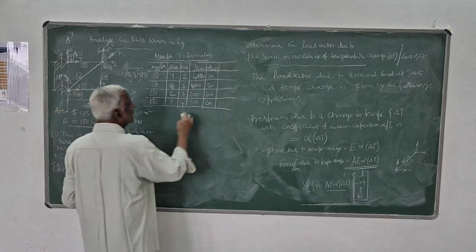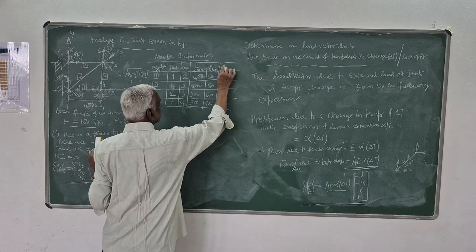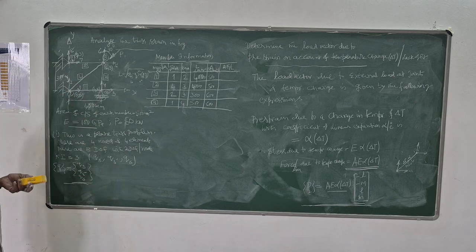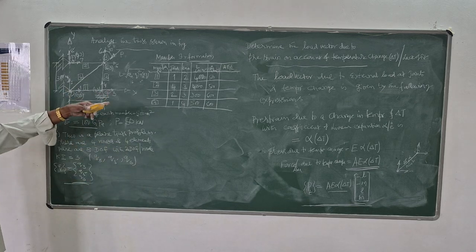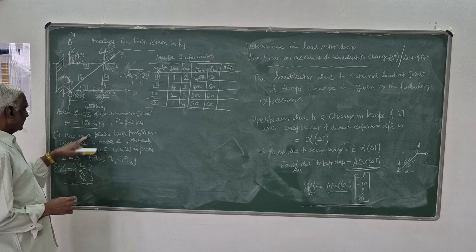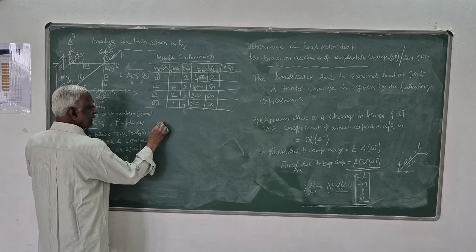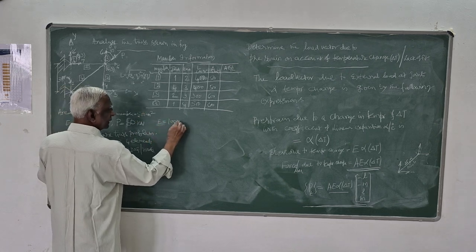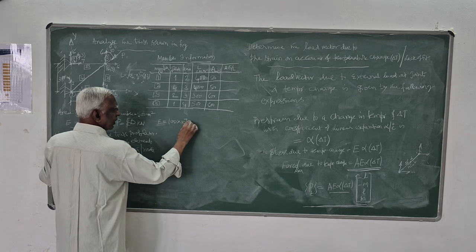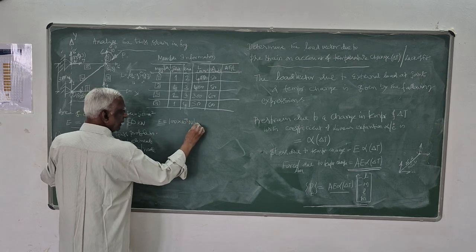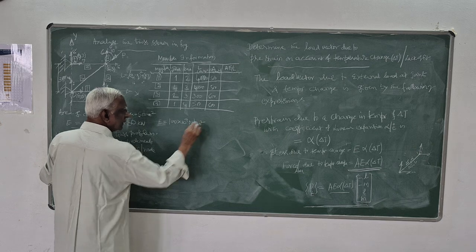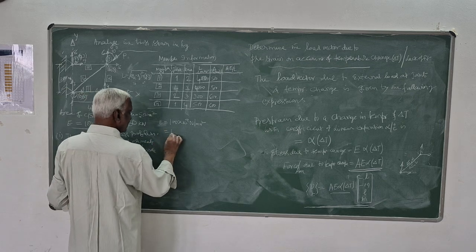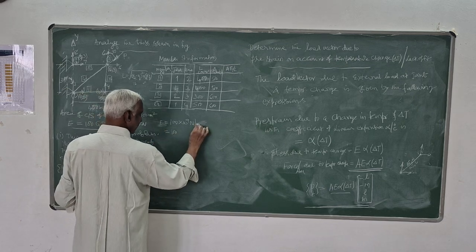Then we can find AE by L, because we need that AE by L value. So here E is equal to 100 GPa, that is 100 into 10 to the power of 9 Newton per meter square.